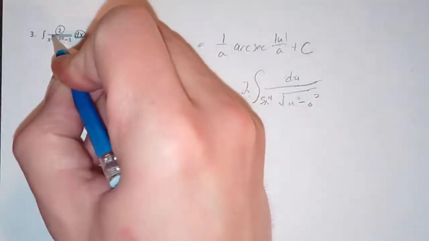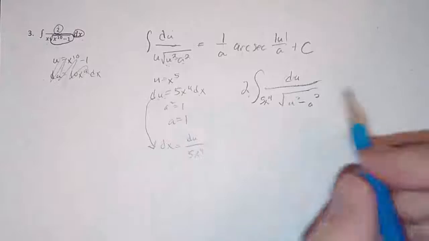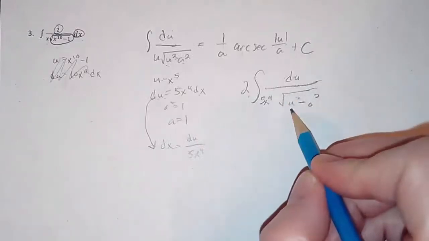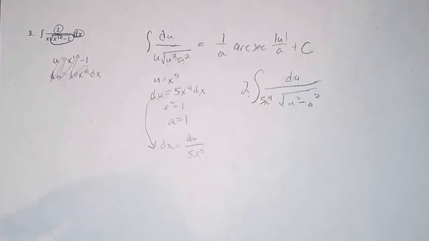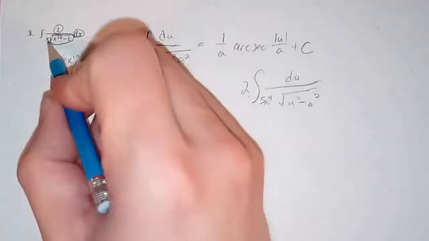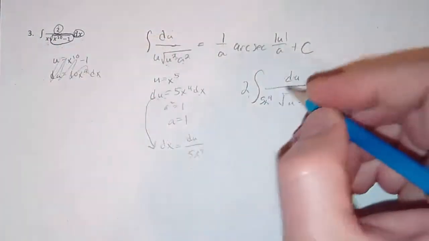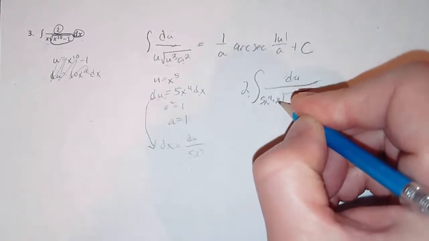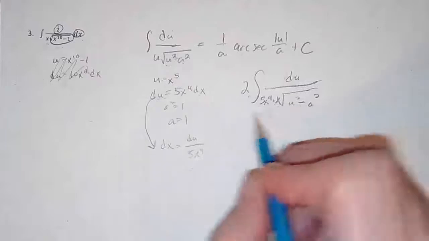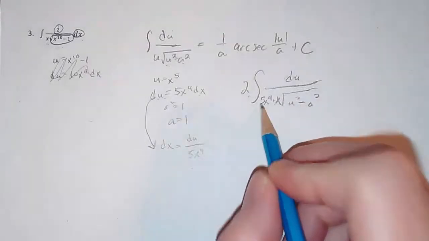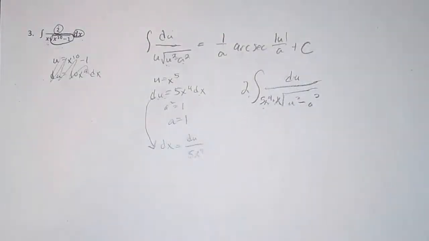And I have accounted for everything inside this radical because I've put square root u squared minus a squared, so that's good. The one thing I have not accounted for is this x sitting out front, and I suppose I could just put an x in the problem. I know I'm mixing u's and x's, but there were already x's there, so I don't feel like I'm really introducing an issue that wasn't already there.